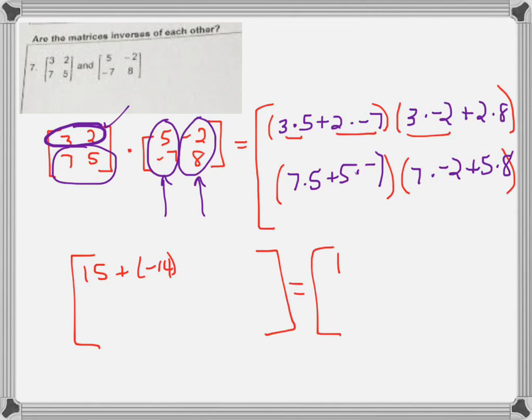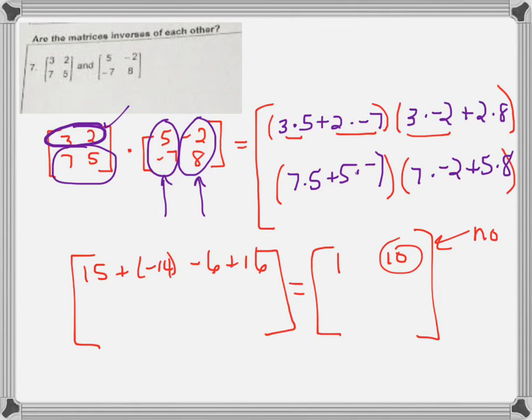Now remember, the question is, are they inverses? So I do want a 1 right there, so far it looks good. Then row 1, column 2 will give me negative 6 plus 16, which is 10. So we already know they're not inverses.